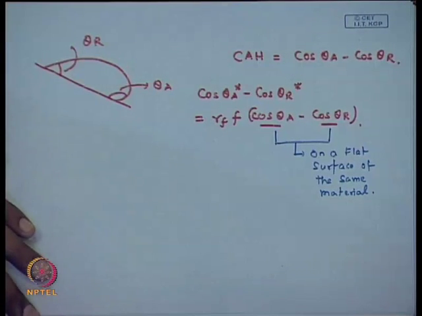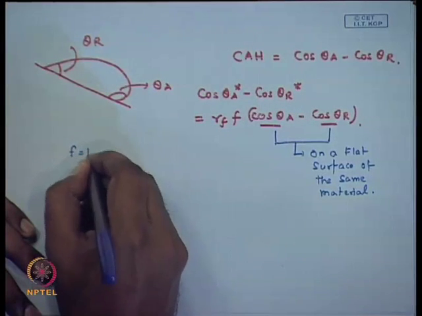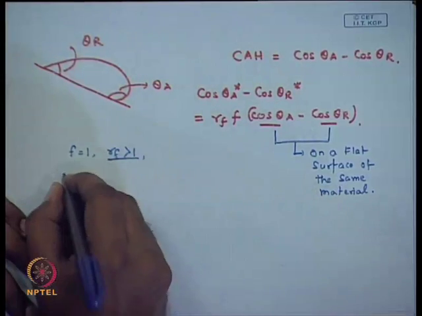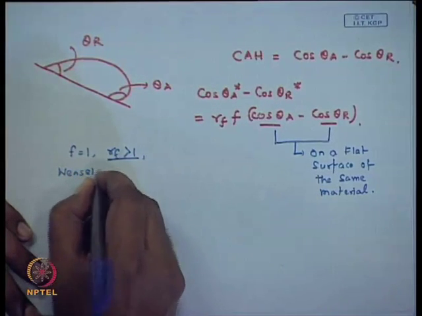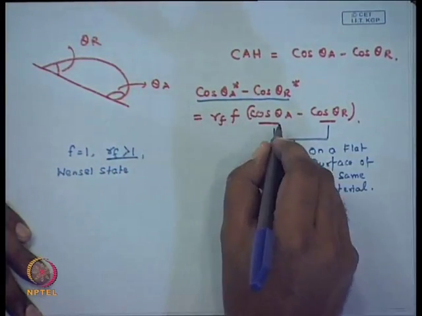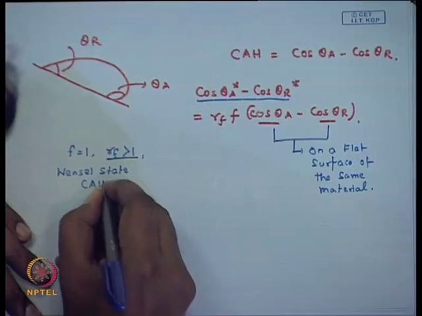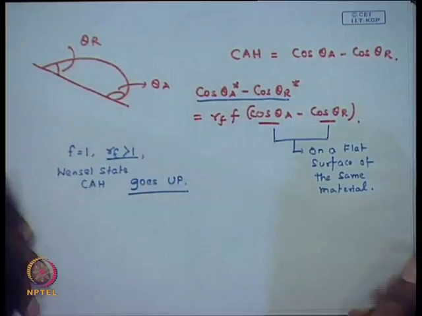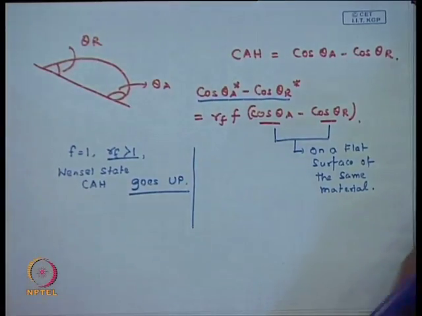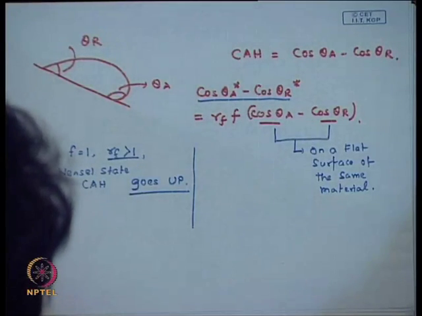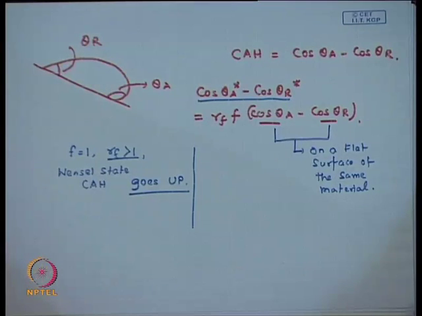You can see that if f is equal to 1, Rf is always higher than 1 for a rough surface. So, in the Wenzel state, actually the difference is higher than this difference, or the contact angle hysteresis goes up irrespective of that. So, this is interesting. In the Wenzel state we saw that if the liquid is water, at least for a hydrophobic surface, you effectively see an enhancement of the equilibrium contact angle.